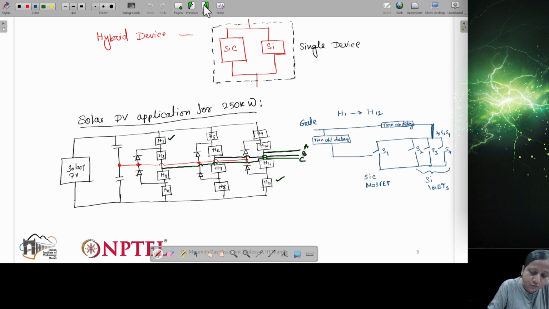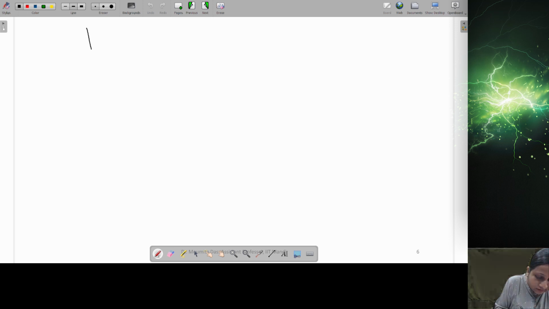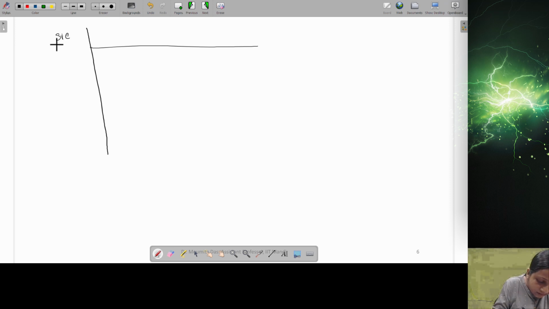Let me just show you the switching cycle, how it is going to be with the turn on delay or turn off delay. Whenever the gate signal is provided for silicon carbide MOSFET, let me write it this way, gate of silicon carbide.